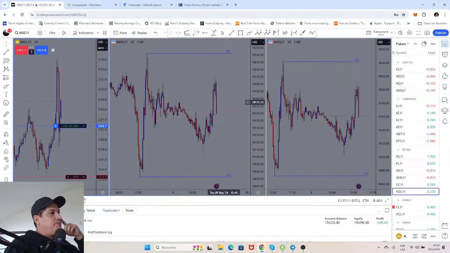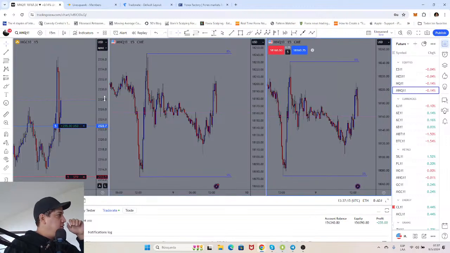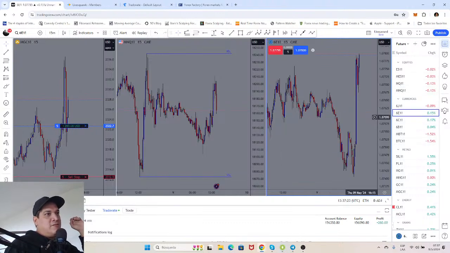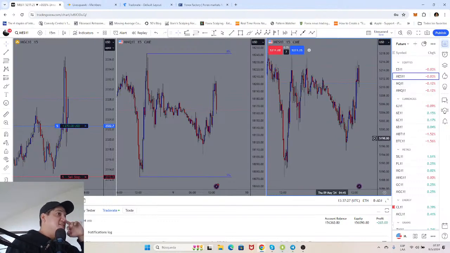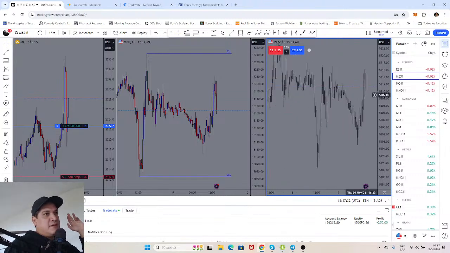So pretty much nothing to do here on the Nasdaq or on the E-mini. I have no trades on the euro, so I'm focusing on the S&P 500, and what happened with the lines?